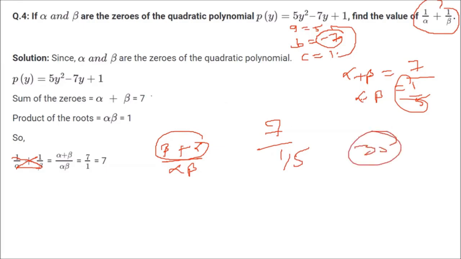But let me see, this is 5y square minus 7y plus 1. So here there is a change. This is not 5. This is only y. This is only 1. That is why we are getting alpha plus beta as minus b by a. So a was 5, so I am just changing it to 1.